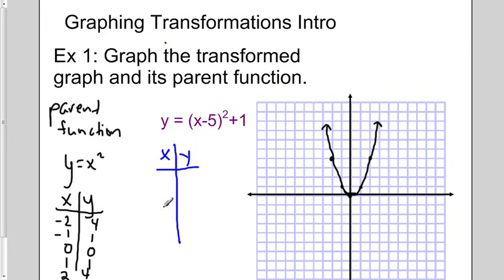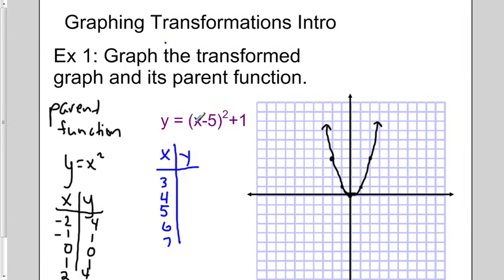So I want my middle number to be 5, and then I'm going to do 3, 4, 6, and 7. The reason is I want to see the vertex of that parabola. If I put 5 in for x, 5 minus 5 is 0. So that's why I chose 5 to be my middle value, and then I just did 2 above and 2 below that.